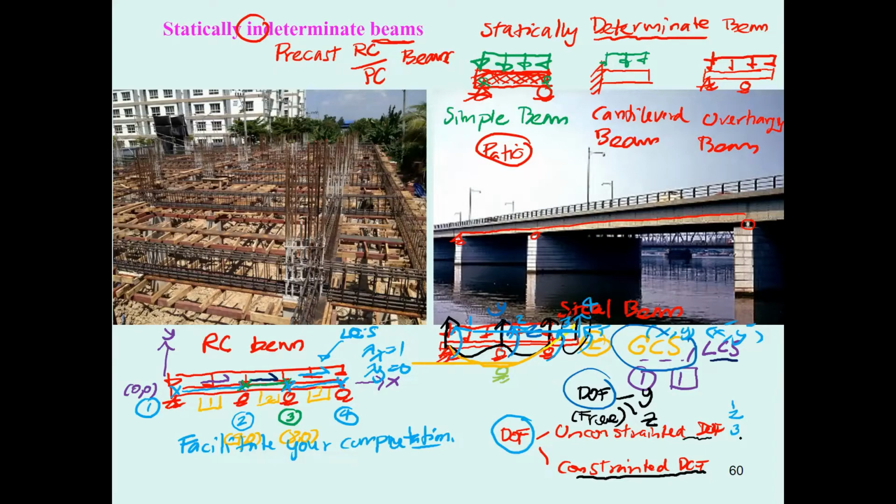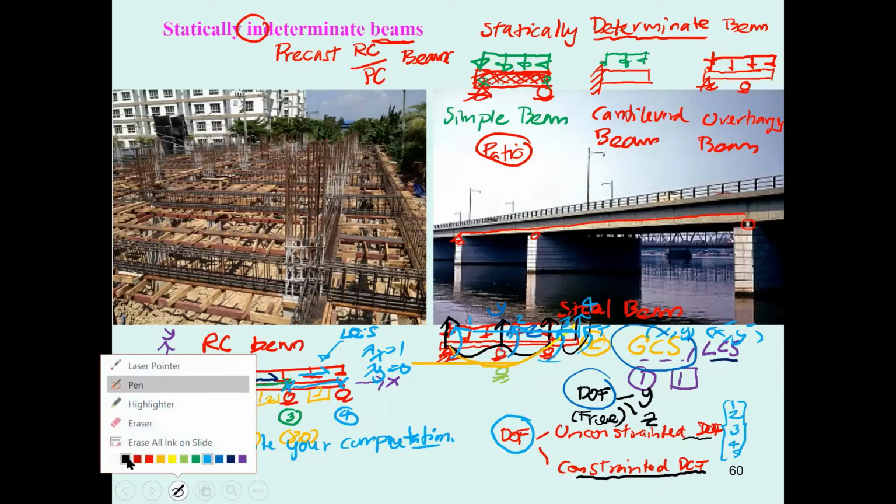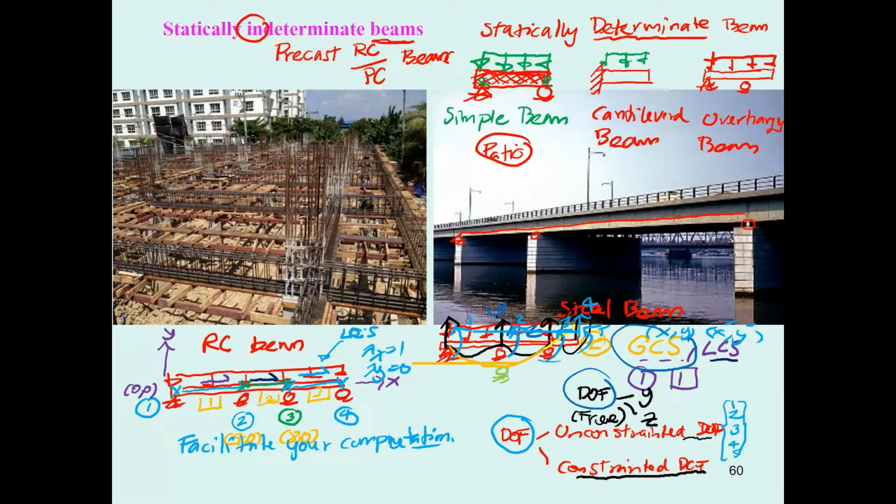So you will have 1, 2, 3, 4, and 5 unconstrained degrees of freedom in this problem. Don't worry, Ajahn won't make that many degrees of freedom. Most of the time it's going to be 2 or 3, at most 4, for the beam. That is hard enough.